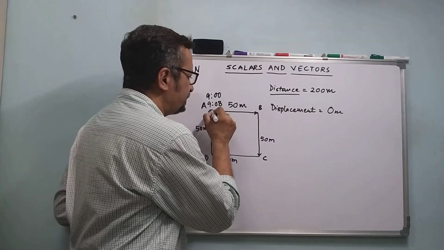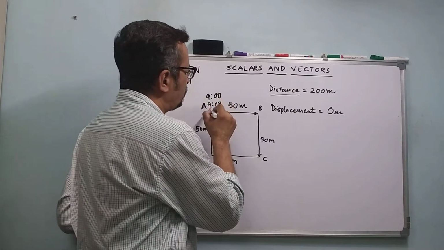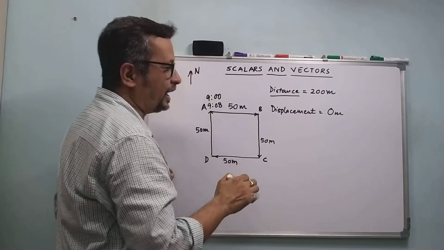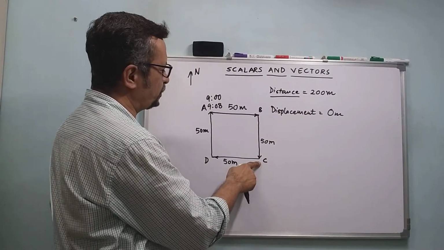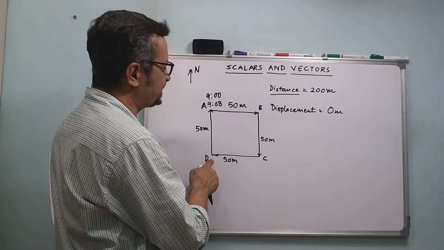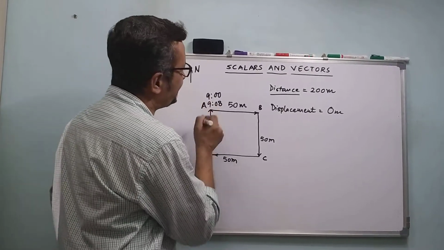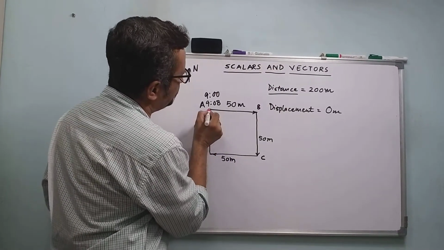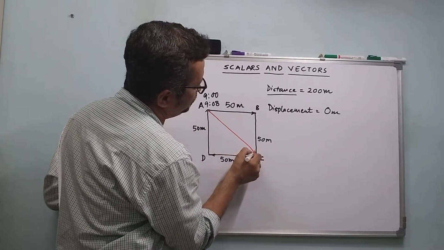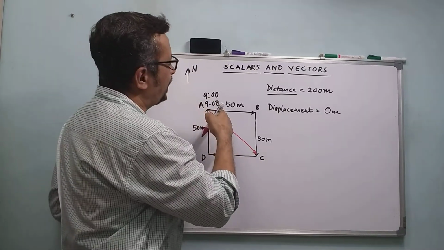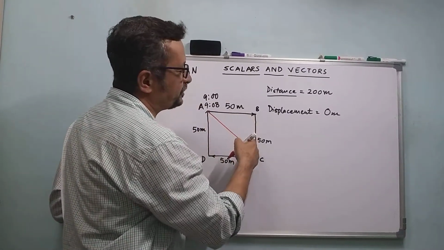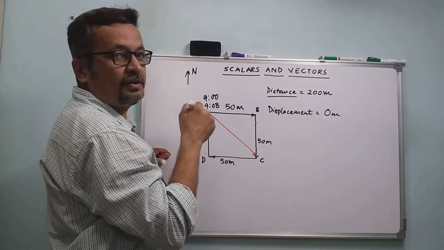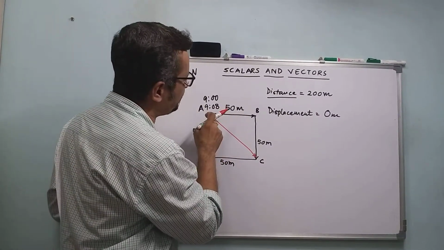Suppose if I start from A, I reach B and then I reach C, and I stop here. I am not going towards D and then back to A. So in that case, my displacement would be from A to C. Actually I walked 50 plus 50, 100 meter, but the change in my position is only from A to C, right?